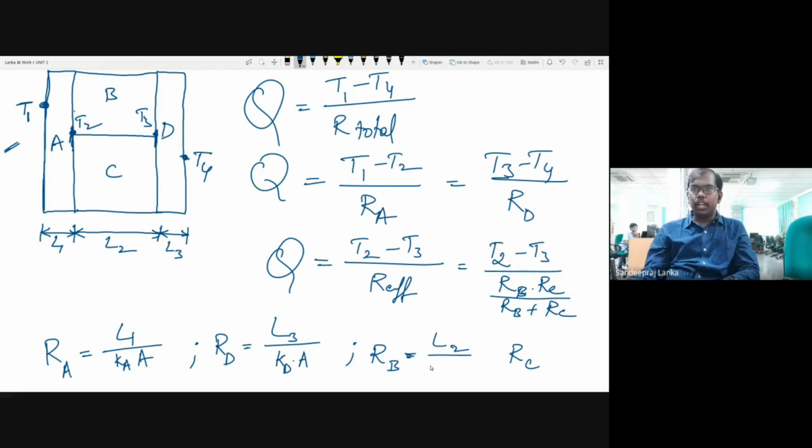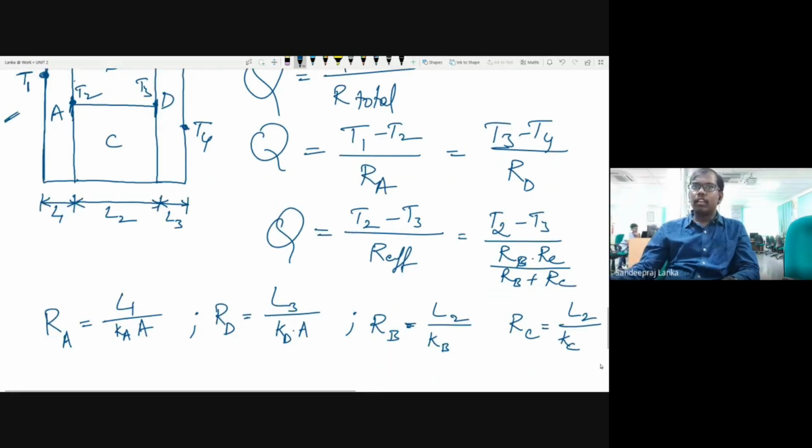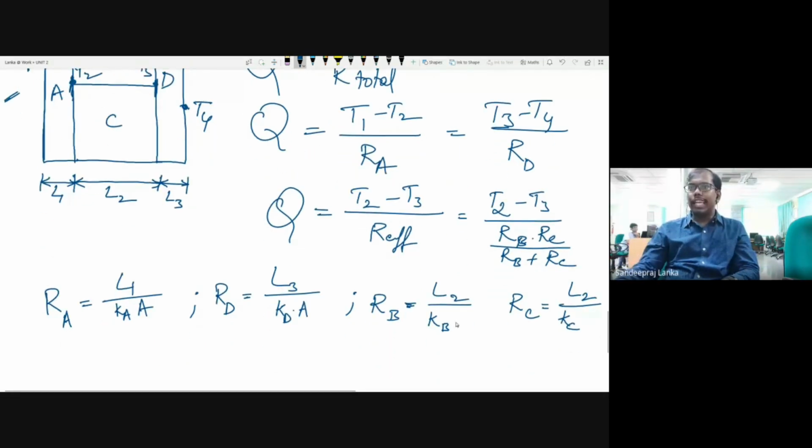L2 by KB anyways I will have. Here also L2 by KC I will have. And then what is the area here? That is the question. See, the area will vary here.